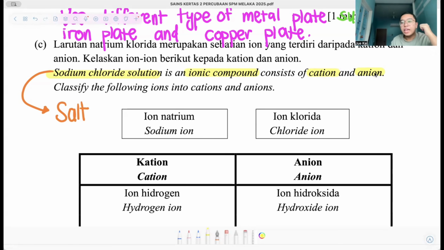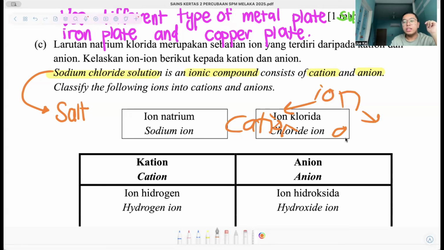Inside ion, we have cation and anion. Two types of ion combined together become ionic compound. Clear or no?